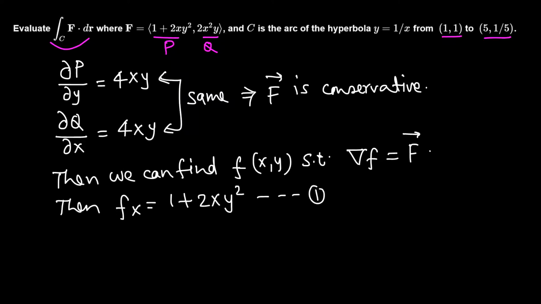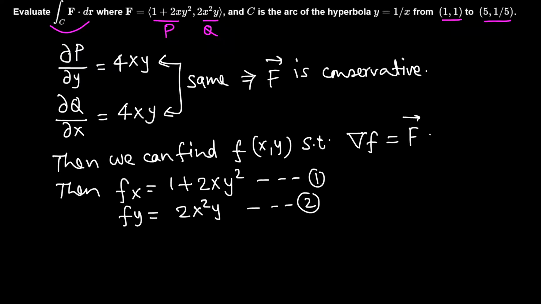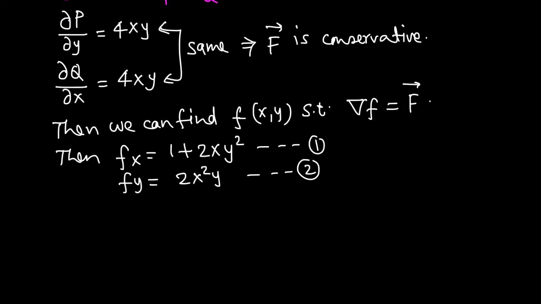And by the property of grad f, the partial with respect to x is the first component, and the partial with respect to y is the second component, 2x squared y, equation 2. Some of you might be able to guess this function f. That's all right. Now let's integrate 1 with respect to x, or 2 with respect to y, same thing.